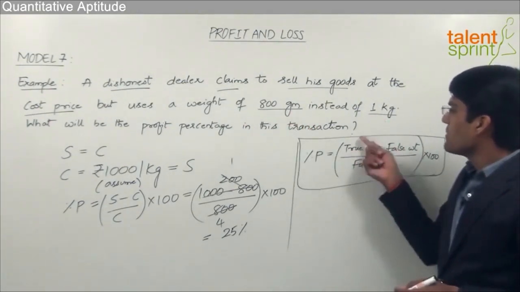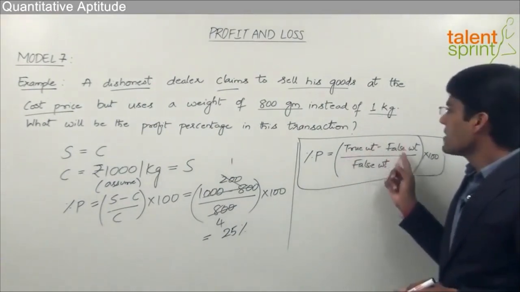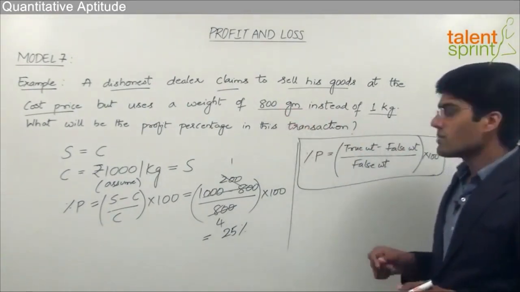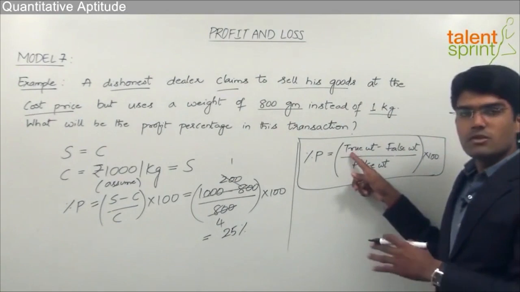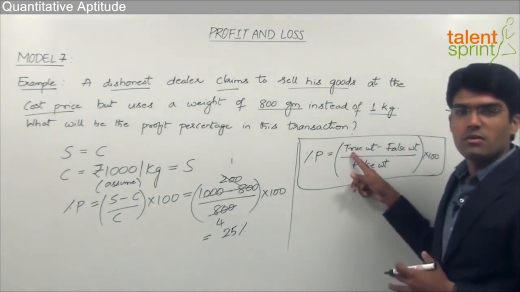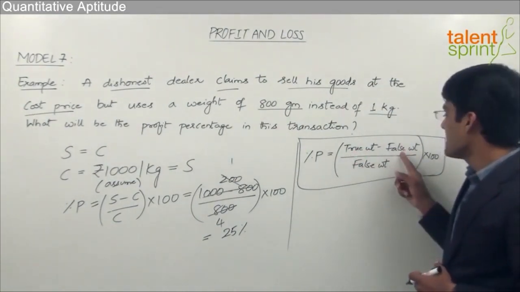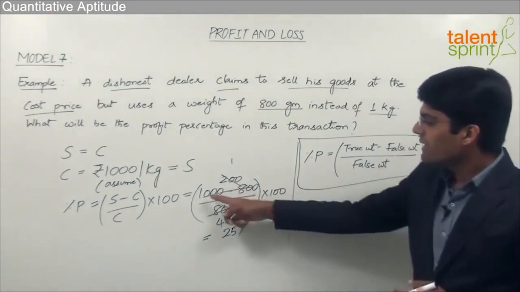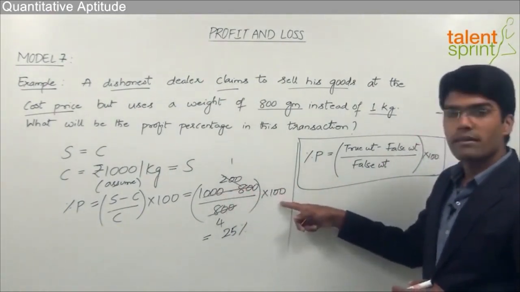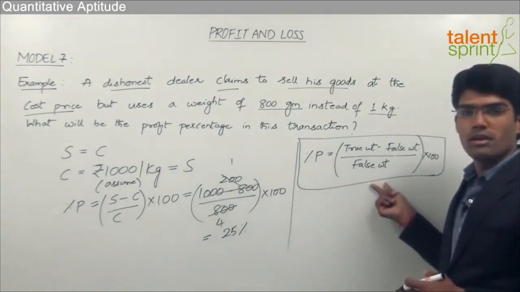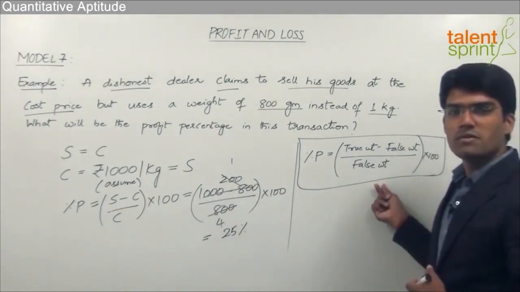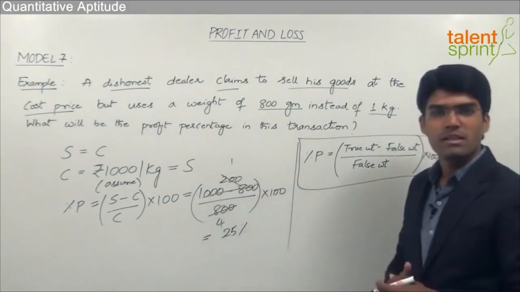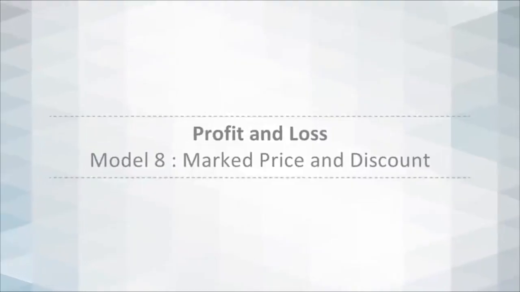So true weight here should be taken as 1 kg, and the false weight is 800 grams. That should be taken in terms of grams. So it is equal to (1000 grams minus 800 grams) by 800 grams into 100, which is the same as (1000 minus 800) by 800 into 100. So either we can use the shortcut formula, that is (true weight minus false weight) by false weight into 100, or solve the question by the concept as given here.